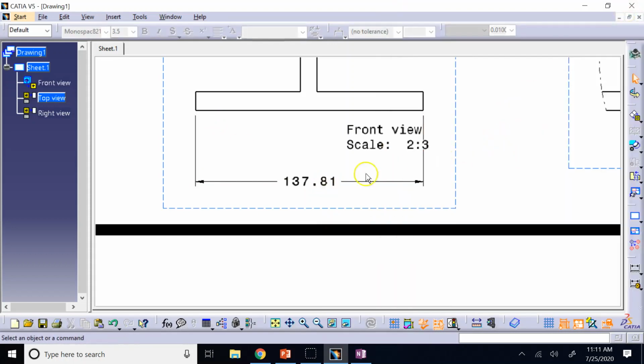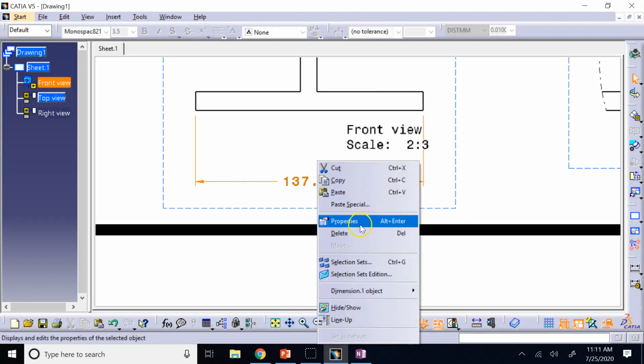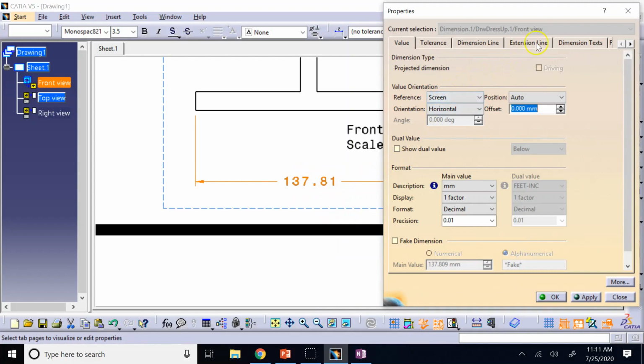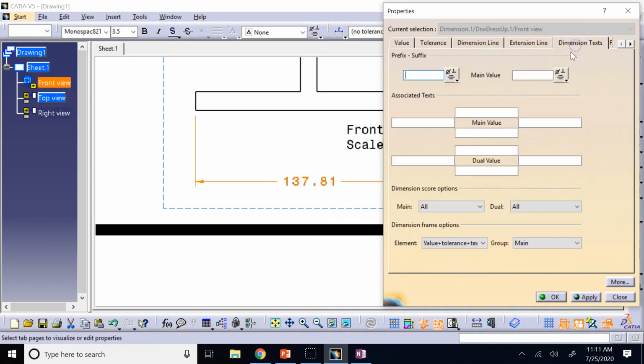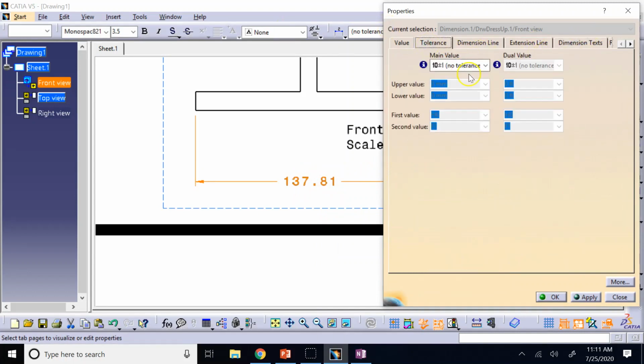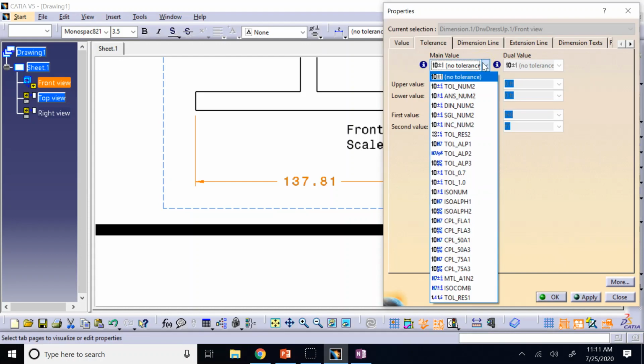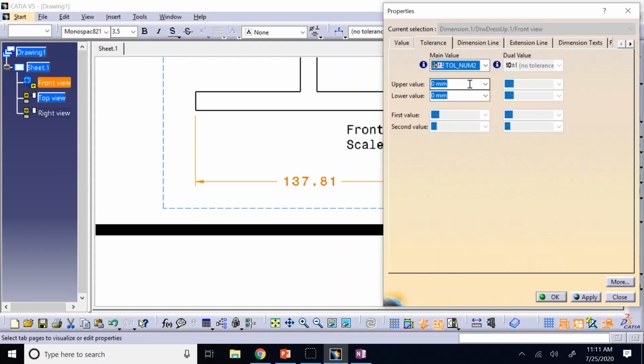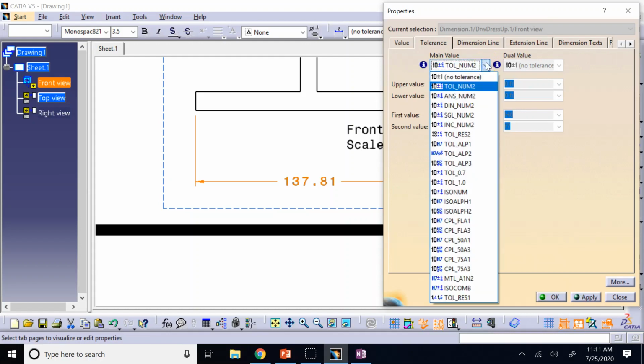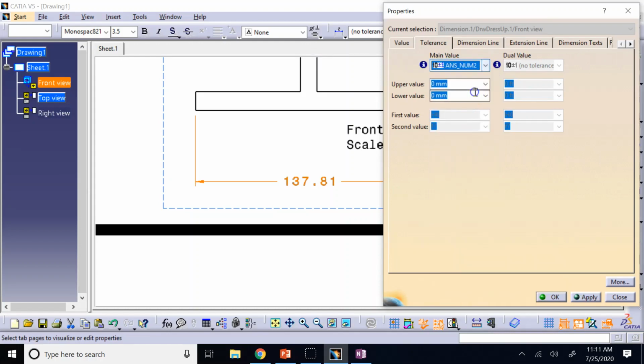Whenever you want to add a tolerance, we'll go over it later too, but you can go to the dimension text, dimension properties, and go to the tolerance tab, and then just add the tolerance, which you can use tol number 2, or there is ANS number 2, and then add the numbers, okay.